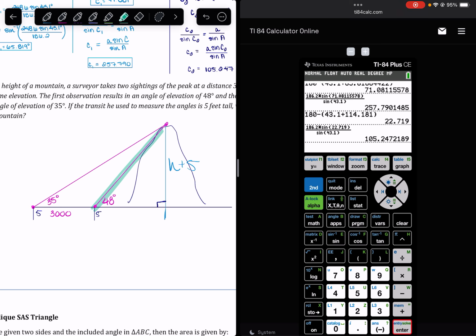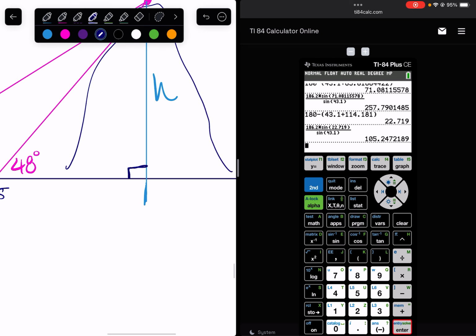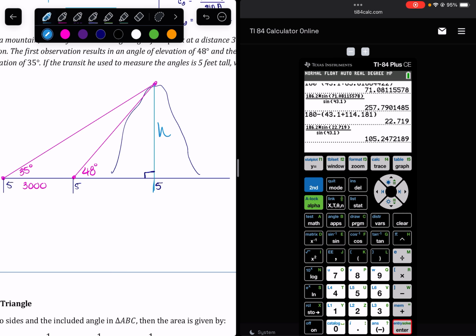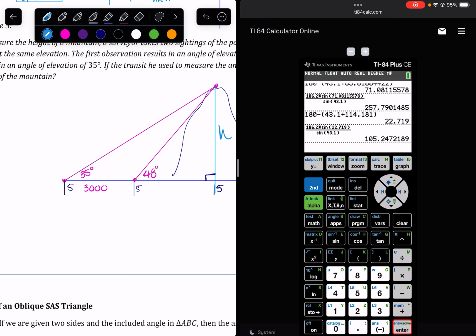Law of sines works with right angles, so we will have a complete ratio right here, so I can use that one to find it. And just so it doesn't look so confusing, we just need to remember to add 5 at the end to our height. Since I already put the 5s over there, I'm going to just put it here as well. All right, so I'm going to focus on this triangle right here.